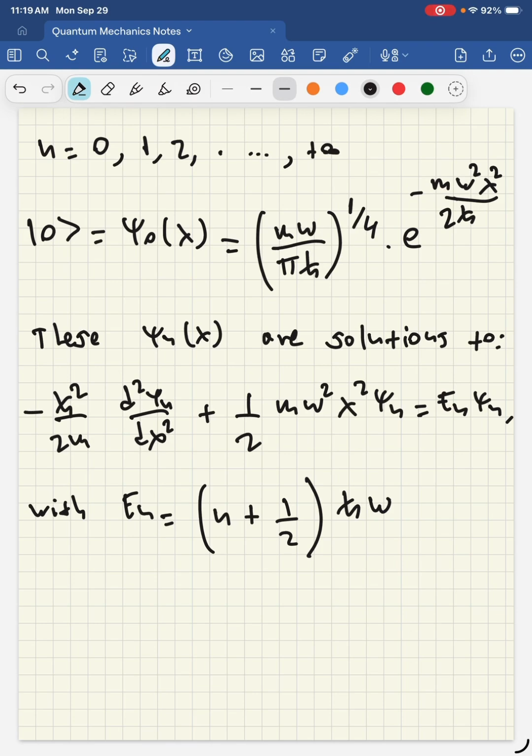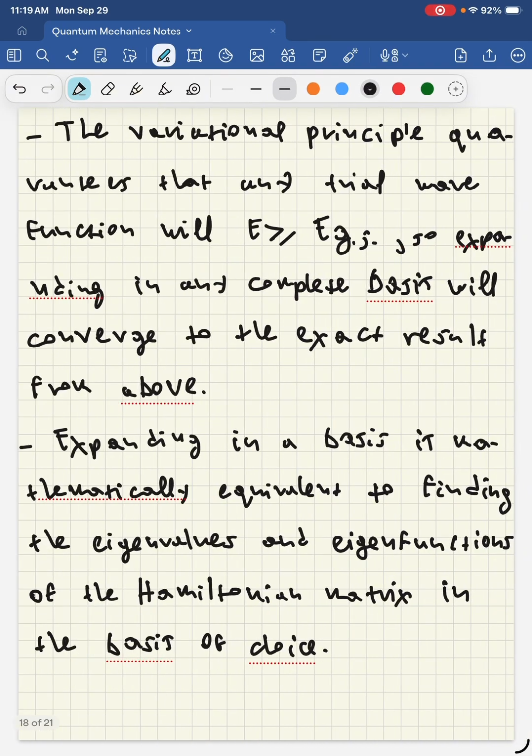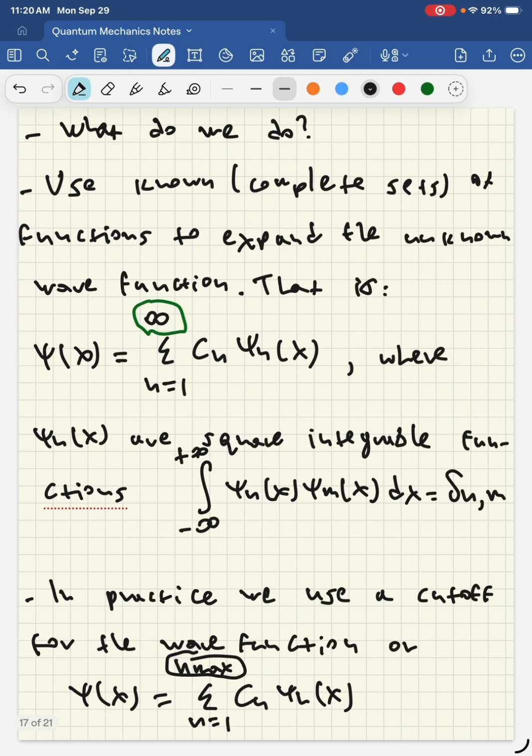Okay, one more thing I want to discuss before we go back to our problem. So to summarize, we haven't done anything yet, guys, pretty much, sorry. So we want to solve this equation. Then we say here that V of x might be some complicated function of the position, in which case analytical solutions do not exist.